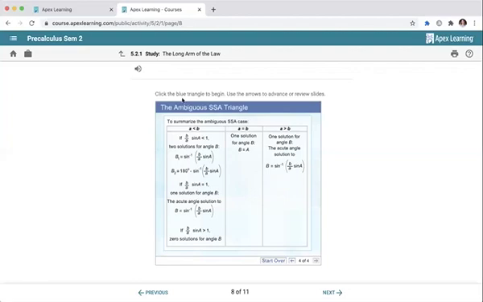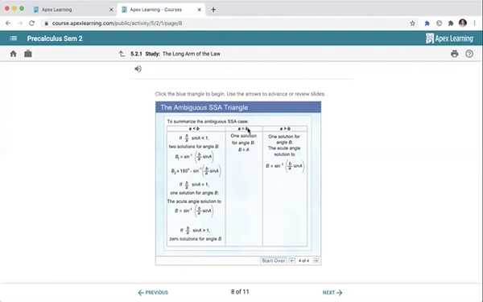So again, you've got three cases: if A is less than B, if A is equal to B, or if A is greater than B. If A is less than B, you could have two solutions, one solution, or no solution, depending on the value of what we're trying to solve for.